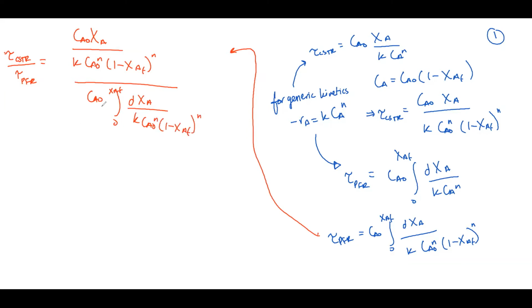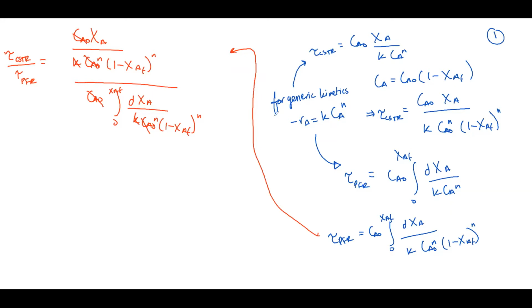You can see a few things will cancel out immediately, they're all gone. So I just have XA over 1 minus XAF to the n, over the integral of dXA over 1 minus XA to the n.